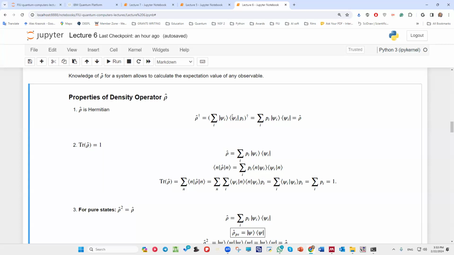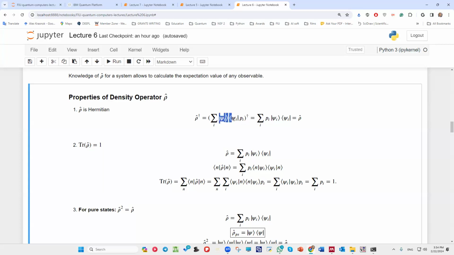And the dagger of this outer product of two vectors, of the same vectors, produces the same thing, because the dagger of the product of two vectors is the two vectors daggered and written in the reversed way, right?